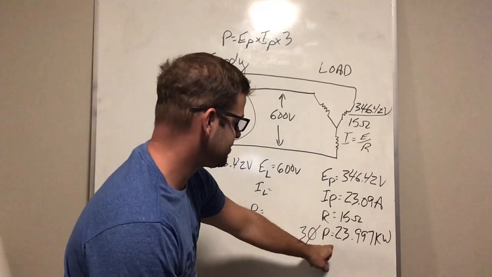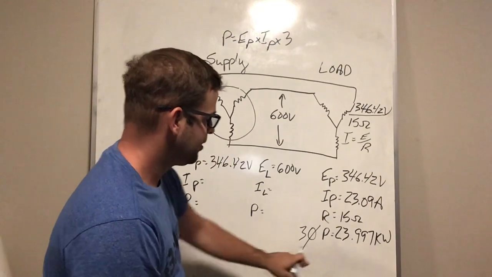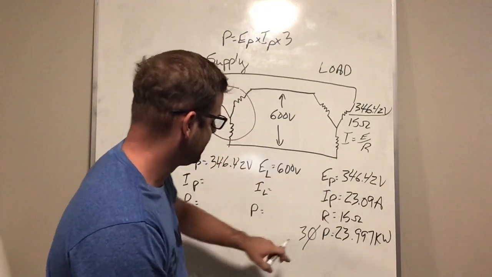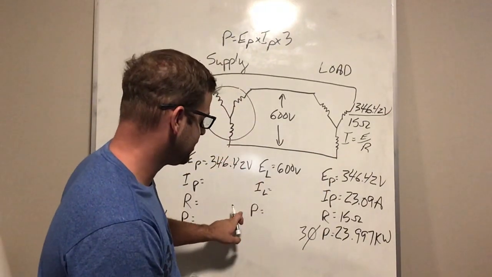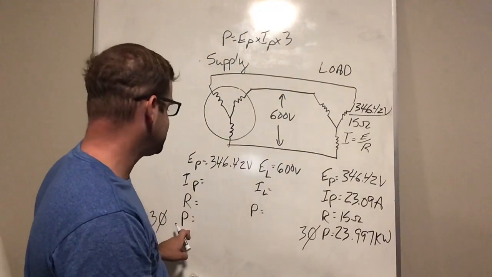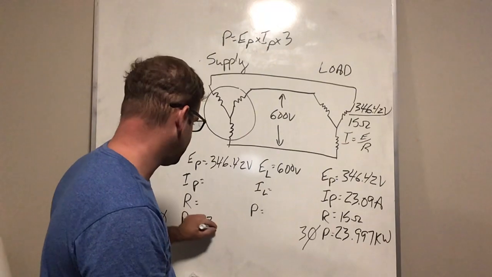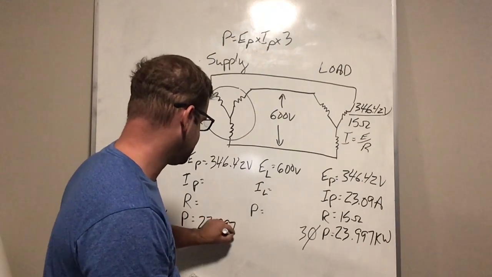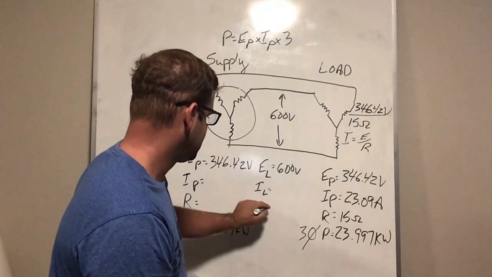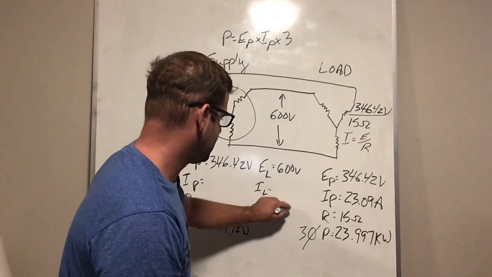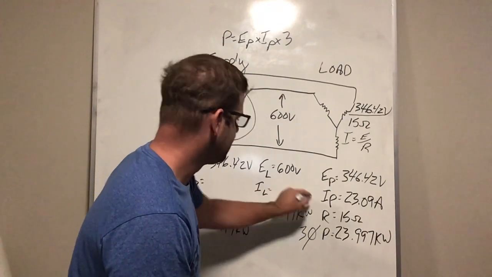So that three-phase power is going to be not only seen there, it's going to be seen in my line conductors, and it's also going to be seen at my supply. So I know that I have 23.997 kilowatts.